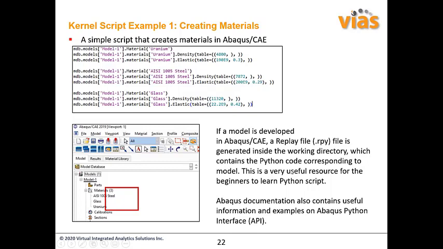So here I'll begin with a really simple kernel script, example one. It's creating a material. This is a snapshot of the script that I developed. Here it is referring to Model-1 in the model tree, as you can see. Then it's calling the materials action, so materials property. And then I'm giving it the name uranium, and I define the density and the elastic modulus.